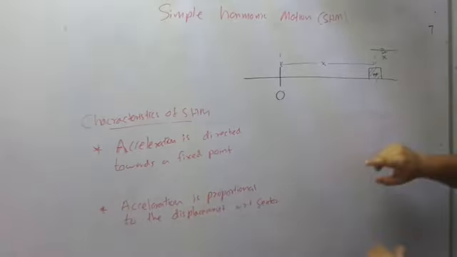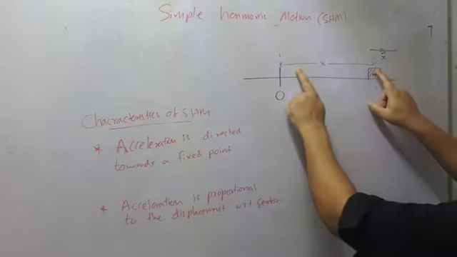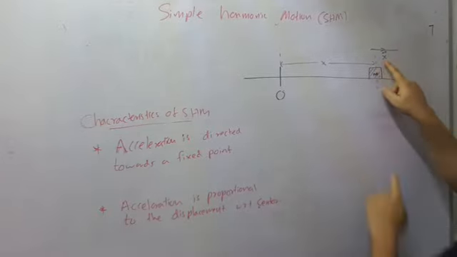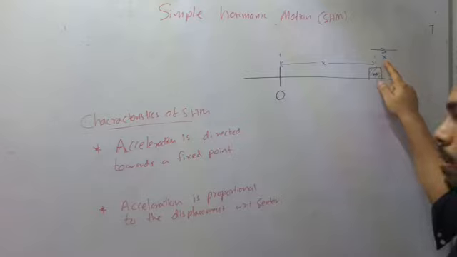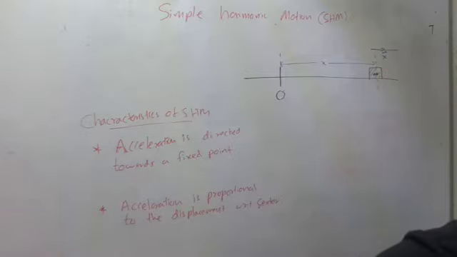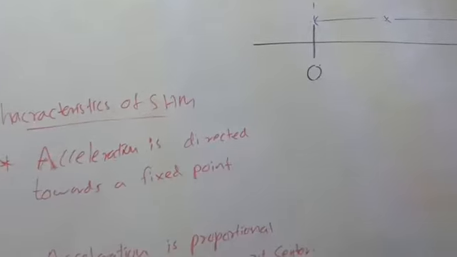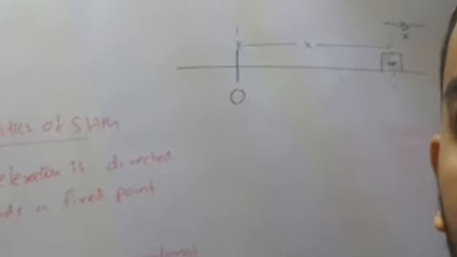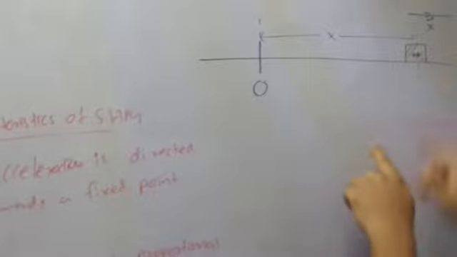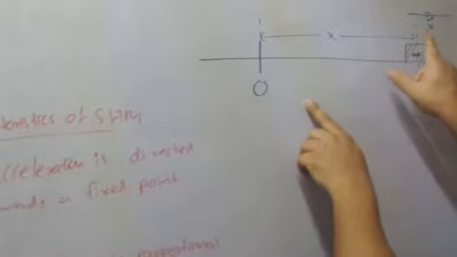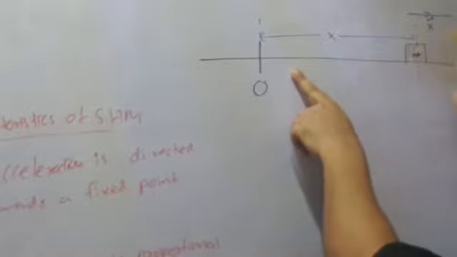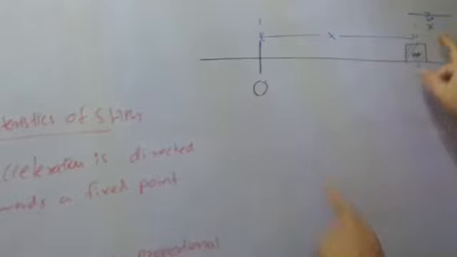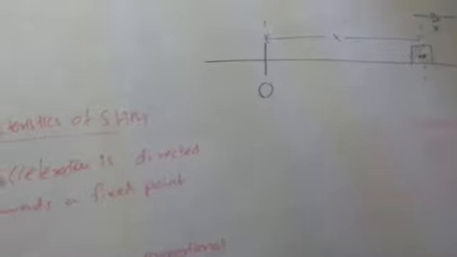So if this is the x displacement, the acceleration can be represented by x double dot. Now in this case the acceleration is away from 0, as I have mentioned here. So what are the characteristics of this motion?